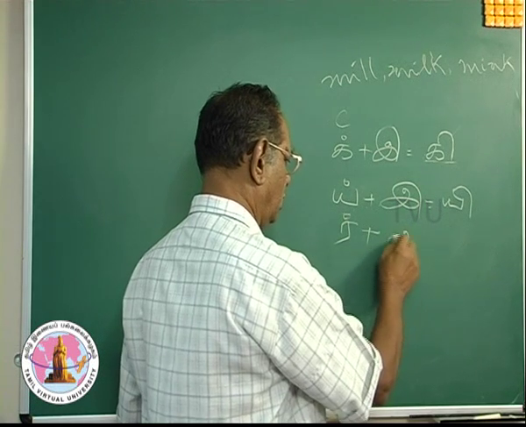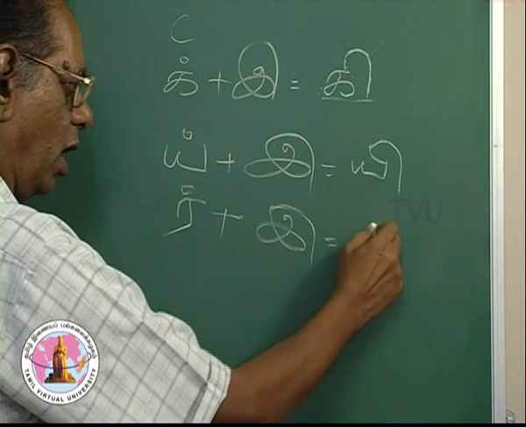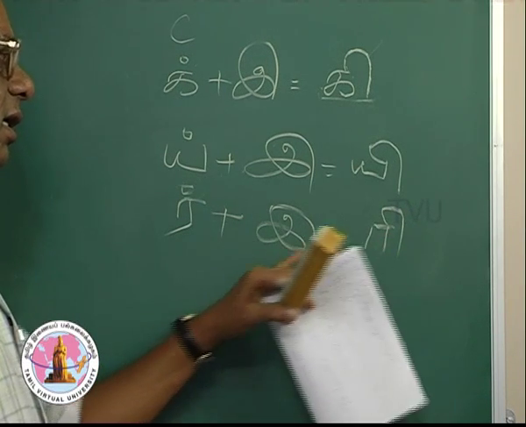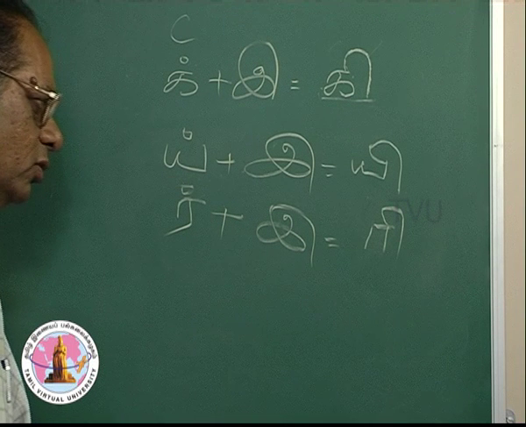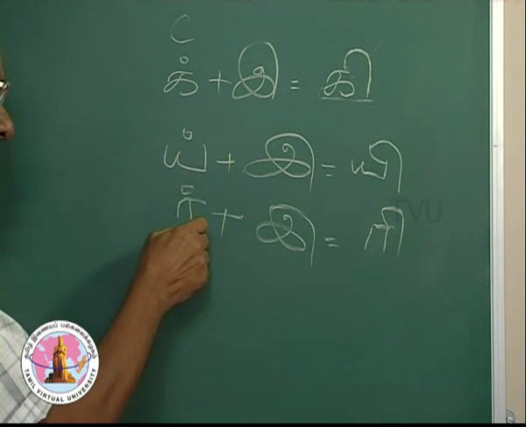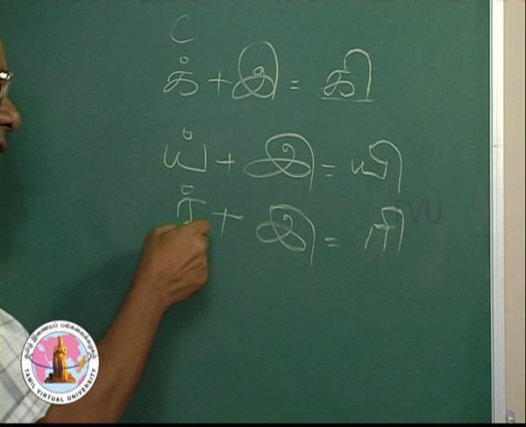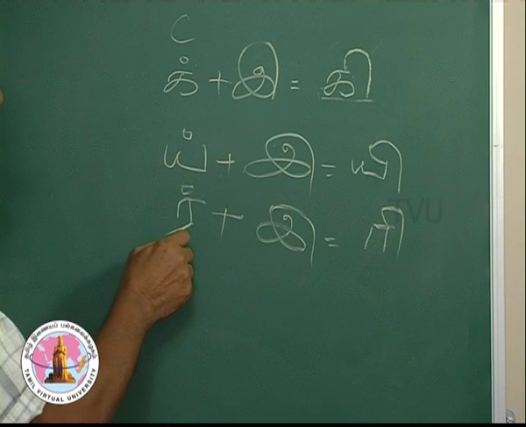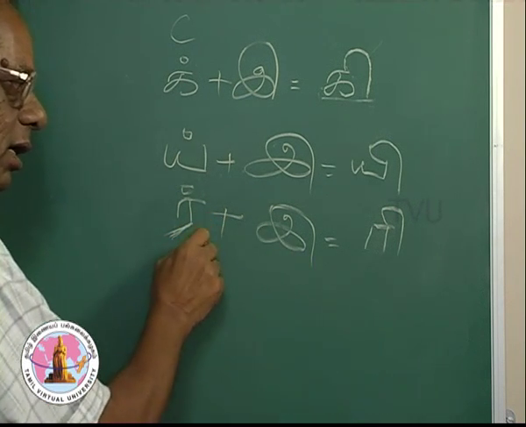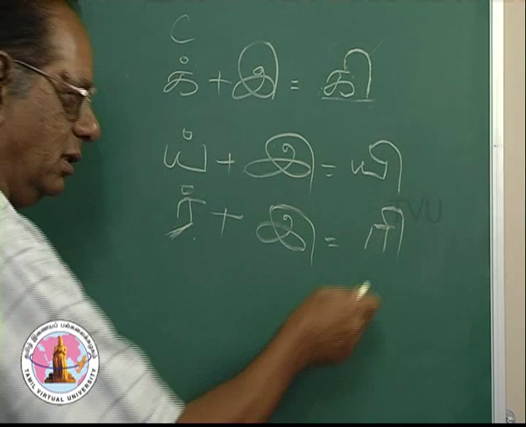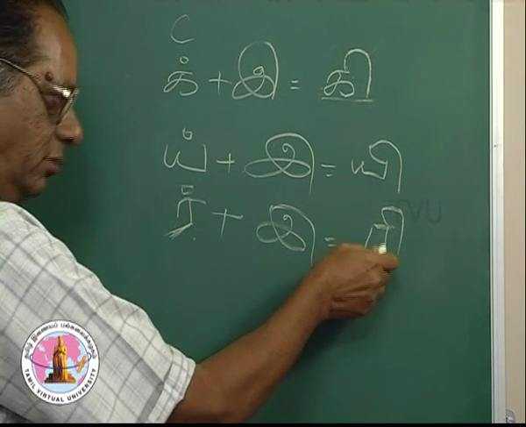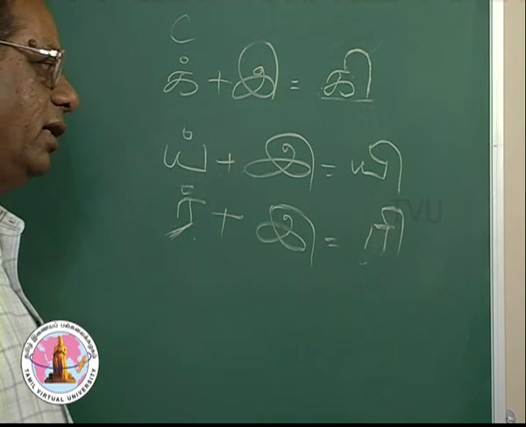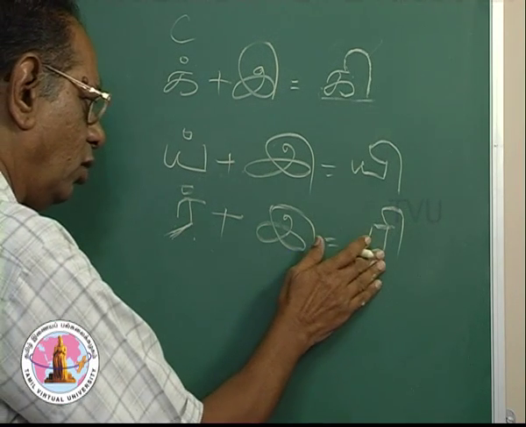And with ra, you have ri, ra plus e, ri. Please note, in ra you have this extension at the end, and when you add a vowel, you need not have this extension, because without this extension, it is not going to be different in pronunciation. So, you can do away with that.